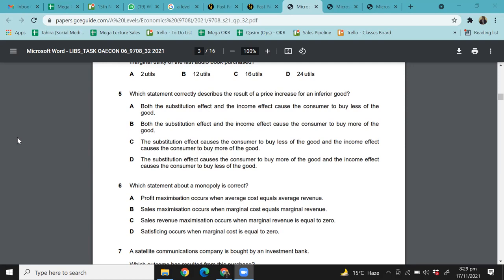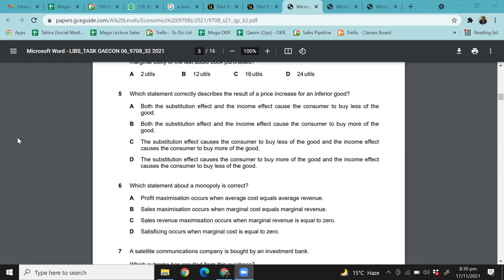So when your real purchasing power decreases, and how do we know your real purchasing power is decreasing? Who can tell me? Because when the price increases, what happens? With the same income, when one of the two products becomes more expensive, now you can buy less.